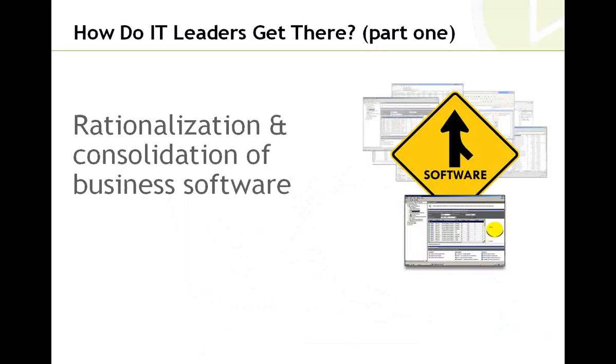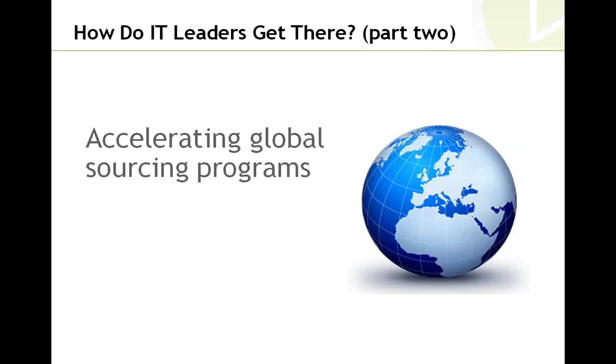What we're hearing is that CIOs and other IT leaders are looking at a couple of major strategies to get there. The first is rationalizing and modernizing systems to improve efficiency and also to cut costs. The second is extending existing global sourcing initiatives even further.